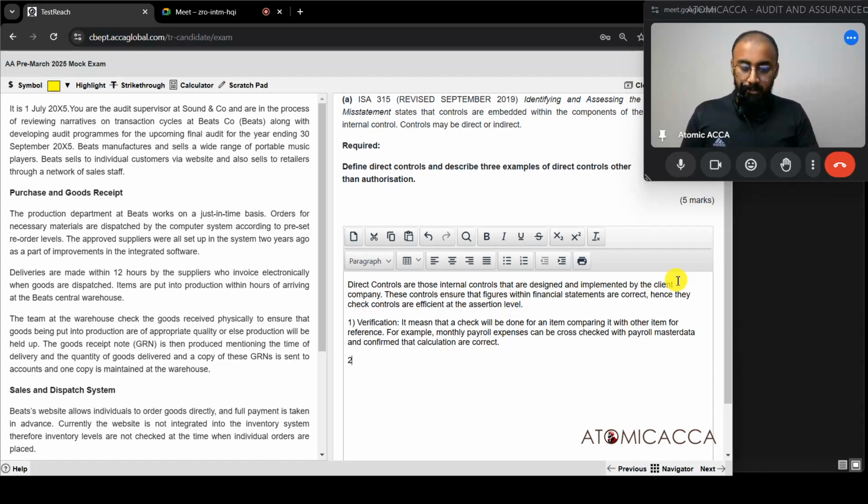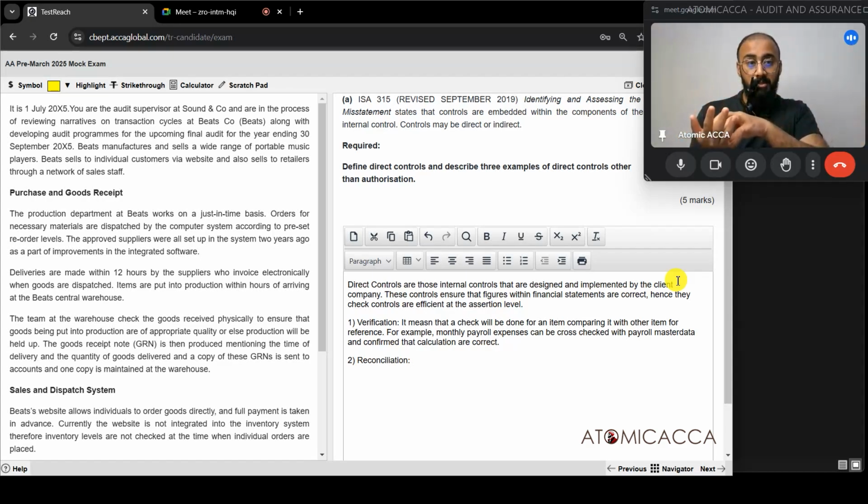Next, two, reconciliation. What does reconciliation mean? Reconciliation means two datas are being compared. Data is being changed over here, and data is being changed over here. This figure and this figure should match out. For example, your receivable figure and the customers' payable figure should match out.